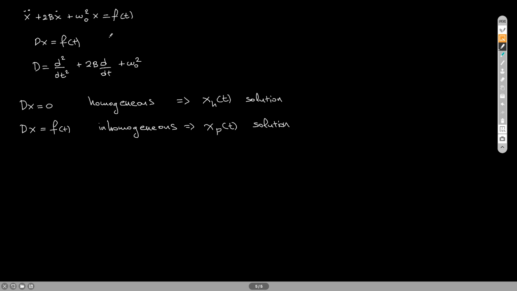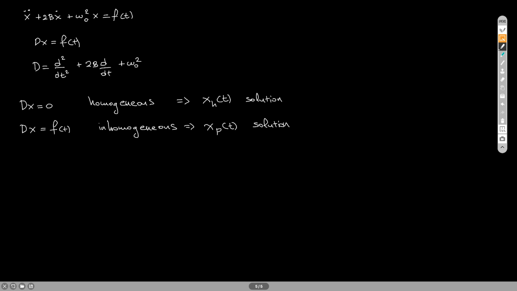Now, it does make things a little bit easier if we introduce a differential operator, the uppercase D. If I define D to be this, then it makes my life easier to write the left hand side, because the only thing I need is to take this operator and apply it to x.